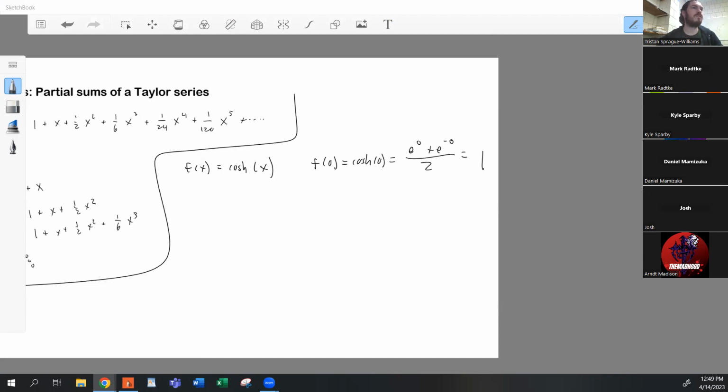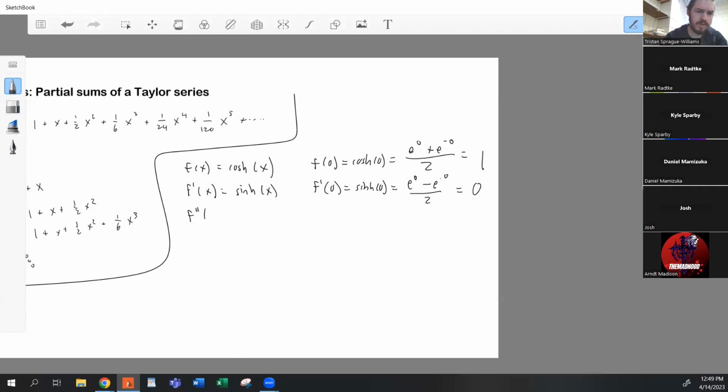Is it just sinh? Just sinh, right? So the derivative of this would be sinh of x. So the derivative at 0 is going to be sinh of 0, which I believe is e to the 0 minus e to the negative 0 over 2. So that's going to be 0.